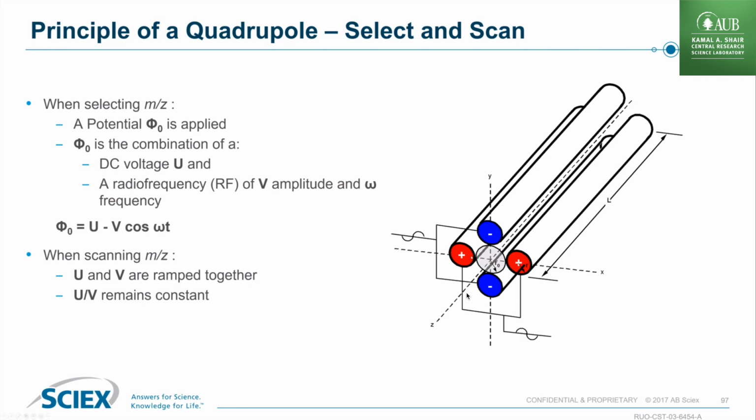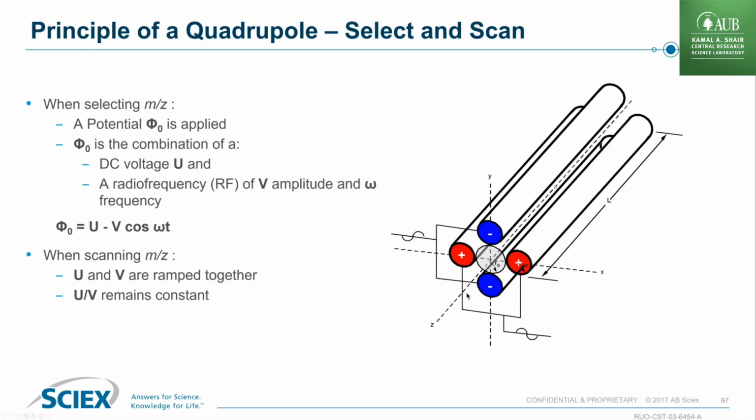And the ions pass in this empty space between the rods, and they make like a corkscrew motion in resonance with the radio frequency. And by controlling that radio frequency, we can control which ions pass. We can either allow all of them to pass, or we can specifically allow one mass to pass. And that's how we get either the transfer or the select modes by controlling that radio frequency.